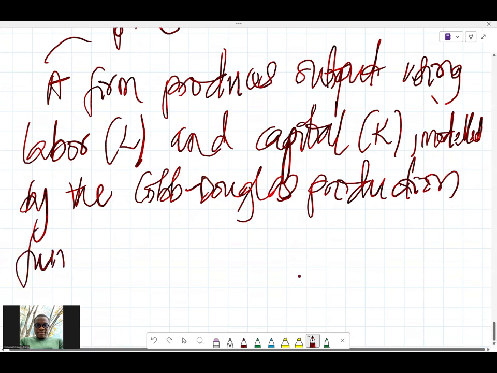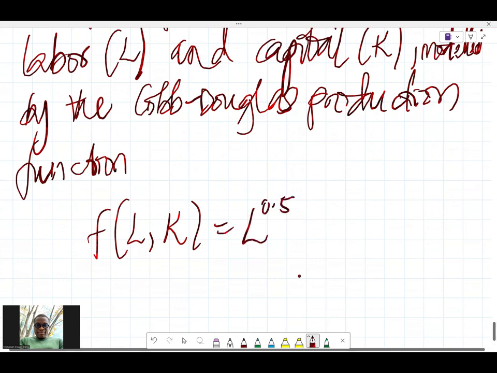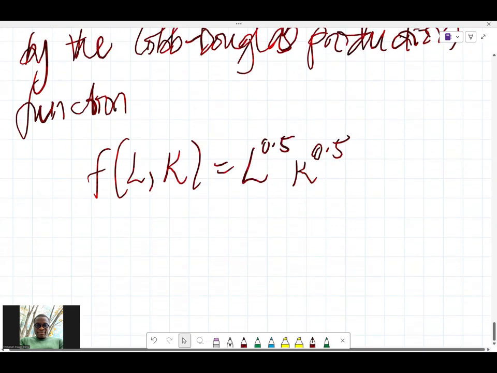The Cobb-Douglas production function is given as f of L comma K equals L raised to power 0.5, K raised to power 0.5.